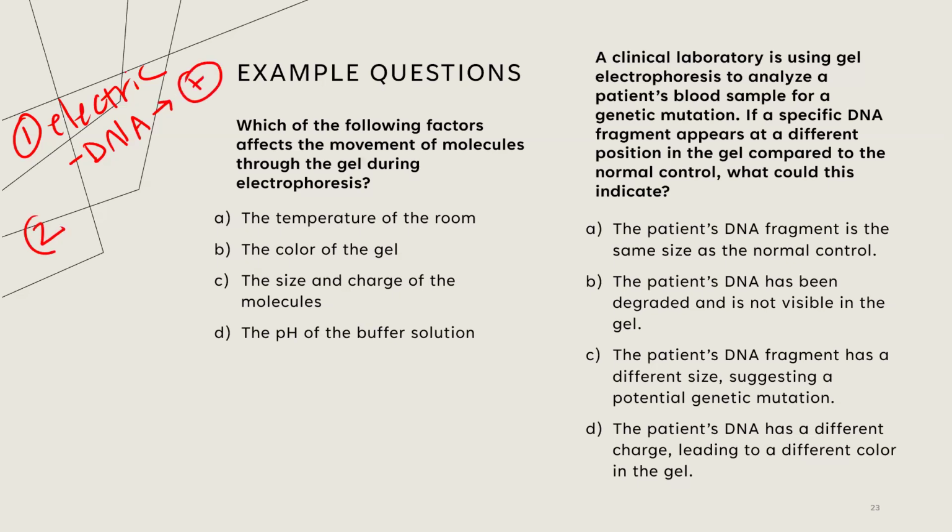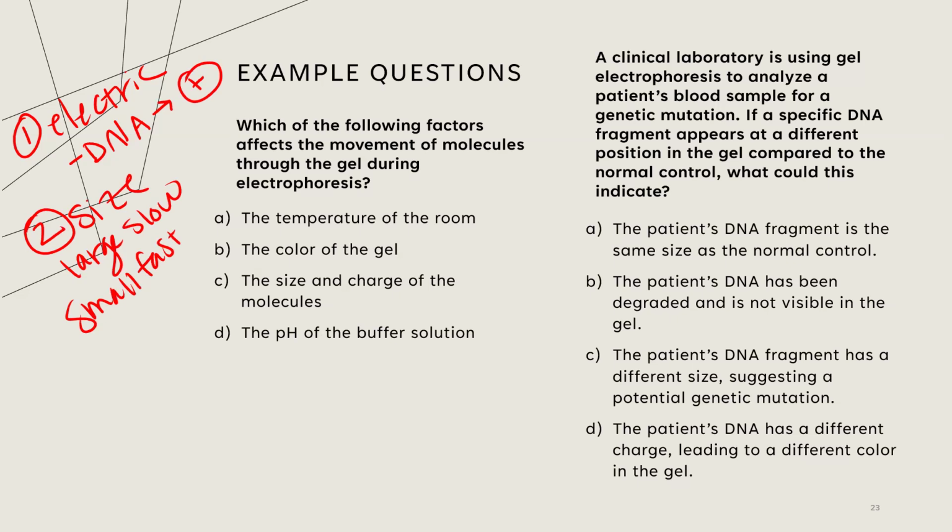And the other thing is going to be the size. Like we said, large, slow, small, fast. So we already have that down, so we can just refer to it if we need to.